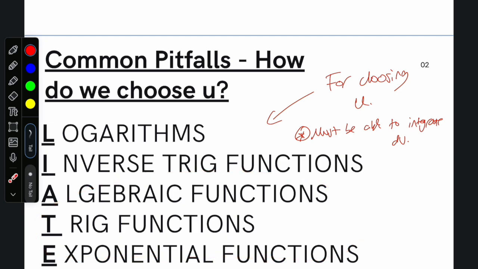And so we go about choosing u according to this acronym, LIATE, in order to effectively guide us so that we're not thinking too much about what exactly to do. When we get the question, we can just use this and spot it. It's not perfect, but it works in most cases, and it helps us to choose u. So if you can't do logarithms as u, you'll go for inverse trig. If you can't use inverse trig as u, then you go for algebraic, etc. So it's in this order.